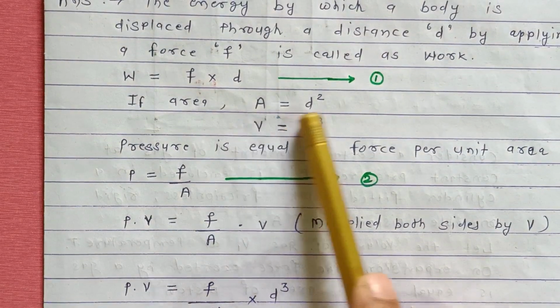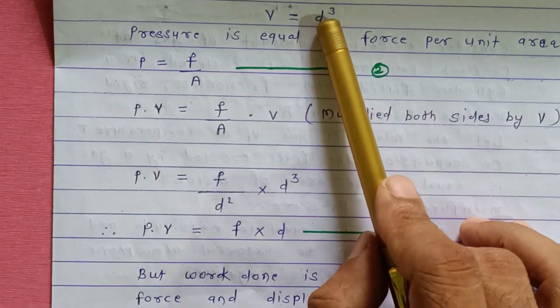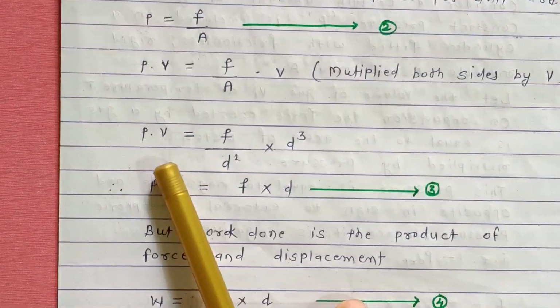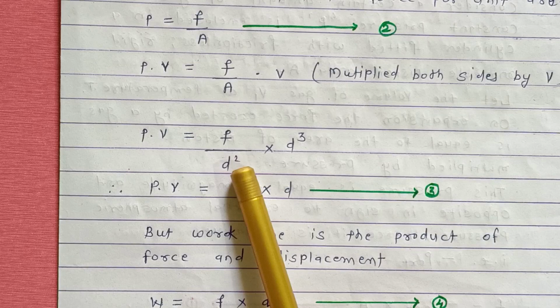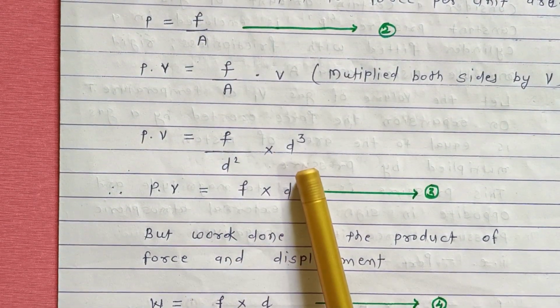Before this, we have seen A is equal to D square and V is equal to D cube. Putting these values in equation number 2, A is written as D square and V is written as D cube.